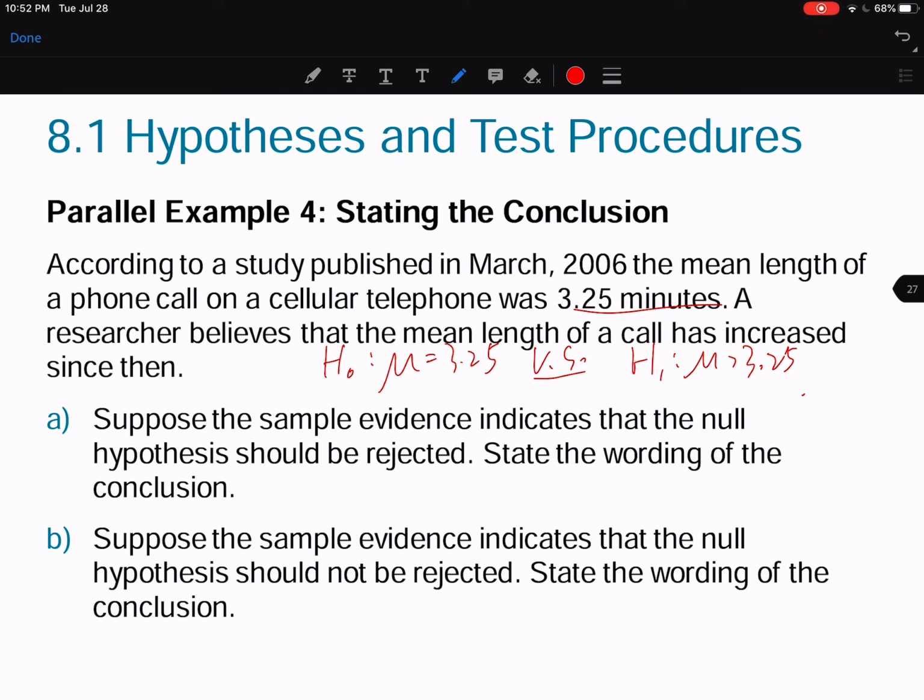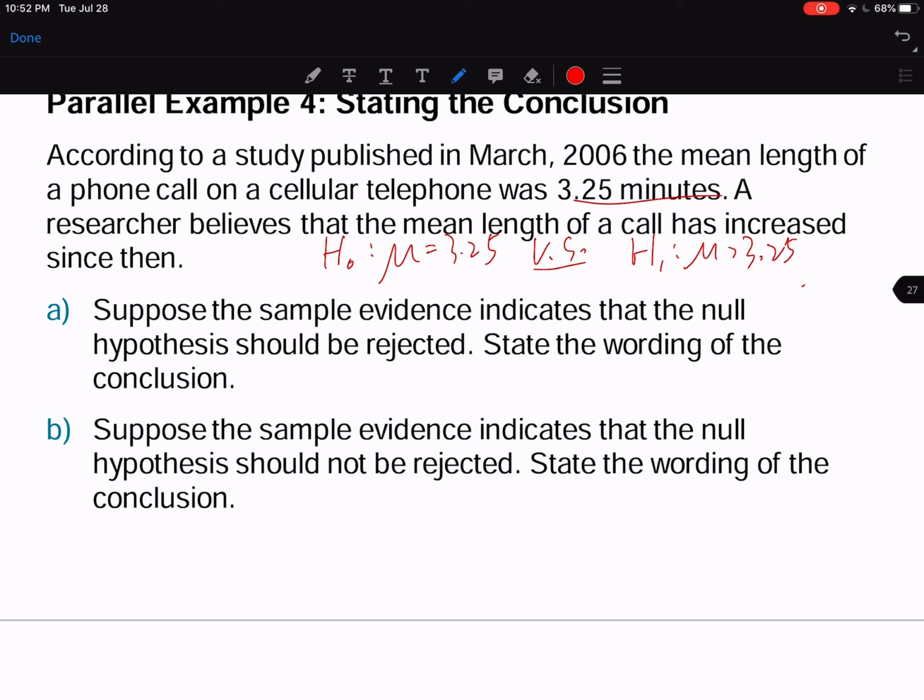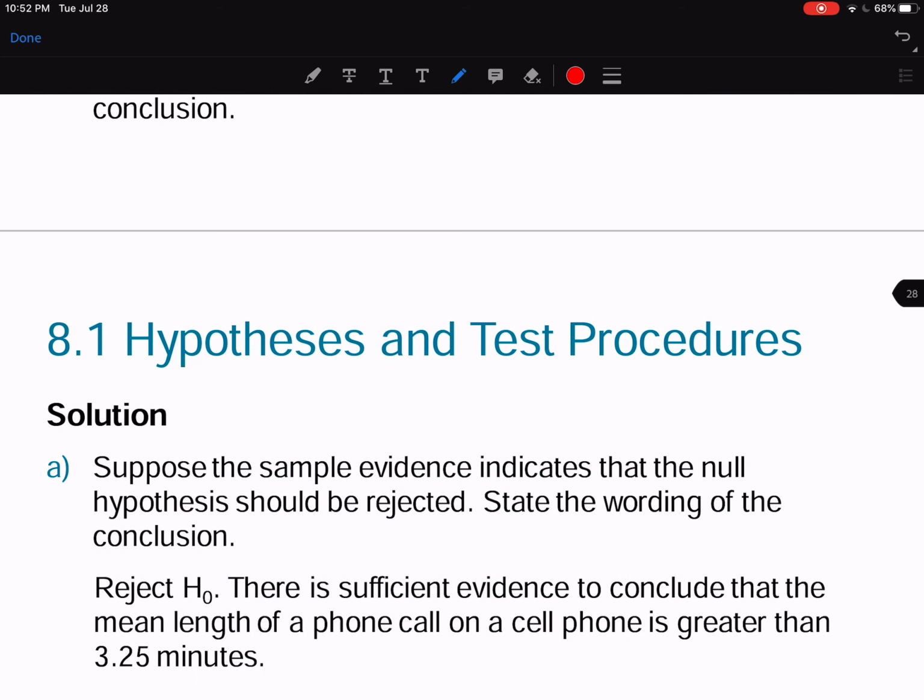And part A is saying, suppose the sample evidence indicates that the null hypothesis should be rejected, state the wording of the conclusion. So if we reject the null hypothesis, I would say we reject the null hypothesis if there is sufficient evidence to say that the alternate hypothesis is true, or we find sufficient evidence to support the alternate hypothesis.